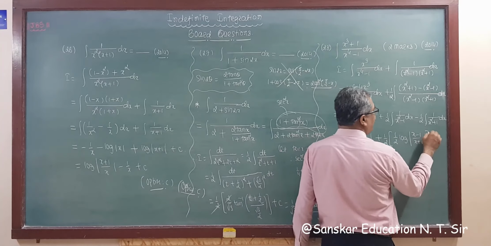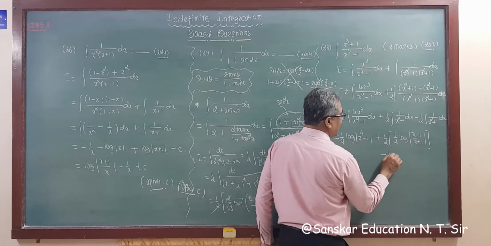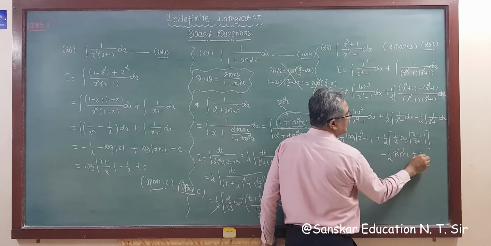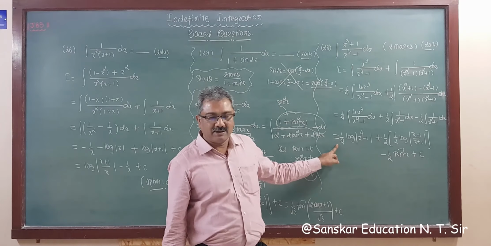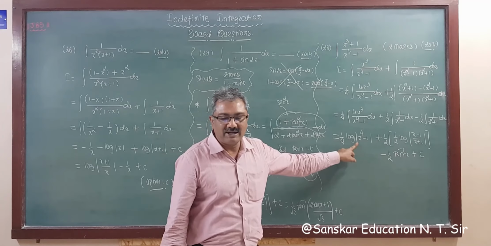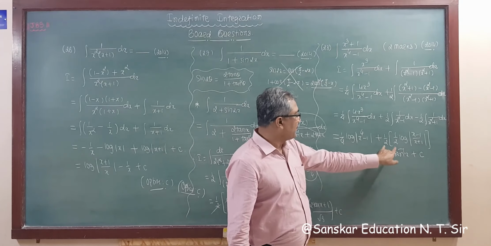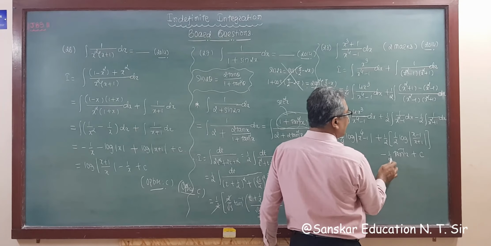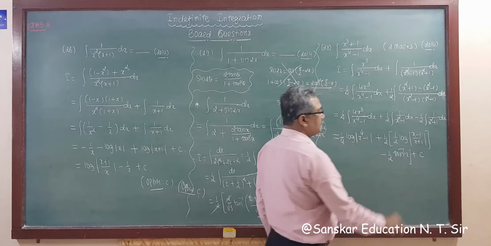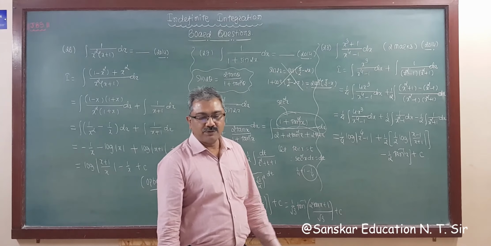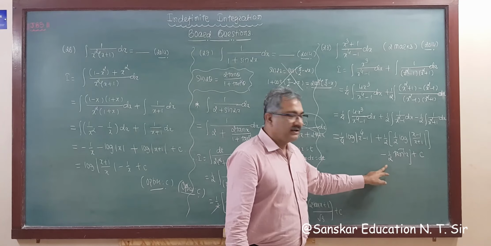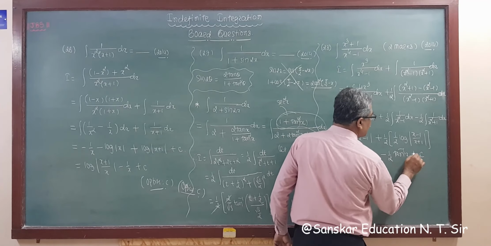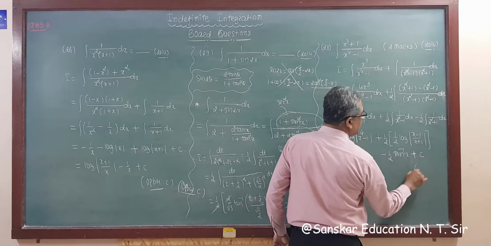If you forget this type of formula, I will show you another method. Wait a minute. 1 upon 2 and this is tan inverse x plus c. So check your answer: 1 upon 4 log mod x raised to 4 minus 1 plus 1 upon 4, right? Because this is half, and you have to write 1 upon 4 and this is 1 upon 2 tan inverse x plus c, right? So this is your answer.